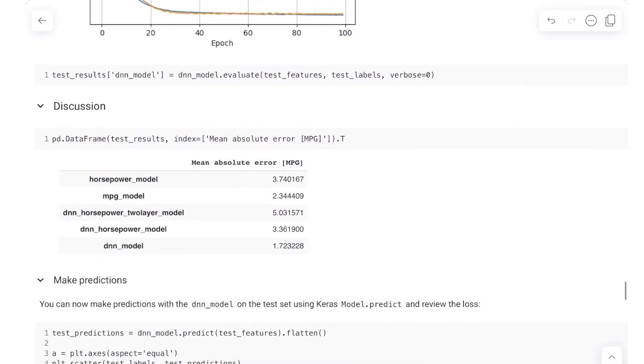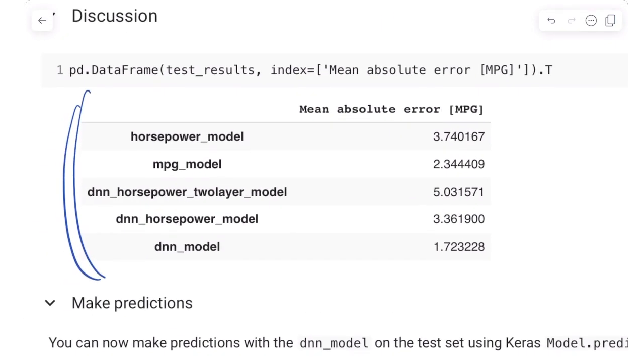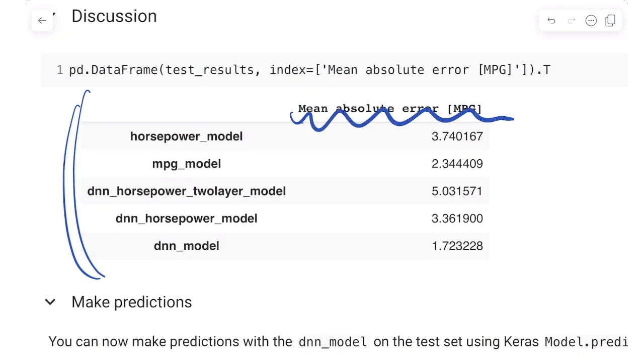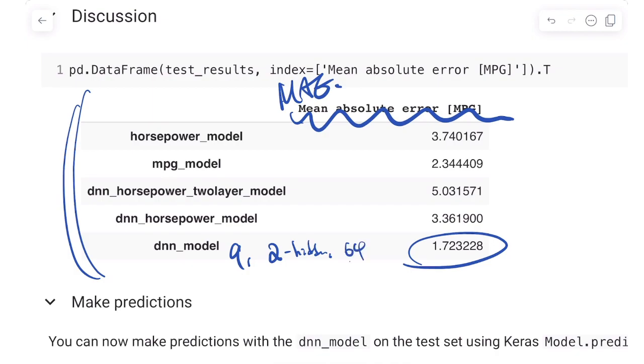For those models, we list the average MAE value of different models, and we can see that the last model uses 9 different features, and it has 2 hidden layers, and a lot of different neurons. So ideally, it should have the best performance.